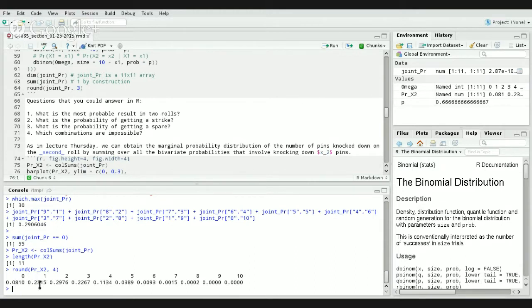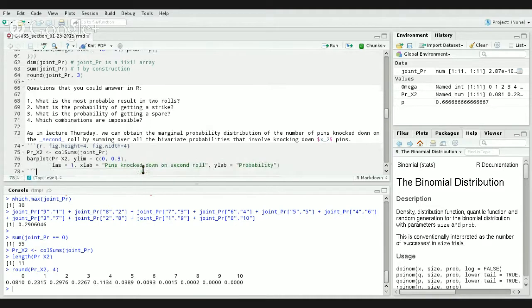The probability of knocking down 1 pin on the second try over all the possible things that could have happened on the first try is 0.23, and that is reasonable because most of the things that could happen on the first try entail only a small number of pins available to be knocked down on the second try, and so essentially averaging, we get a smallish probability there.